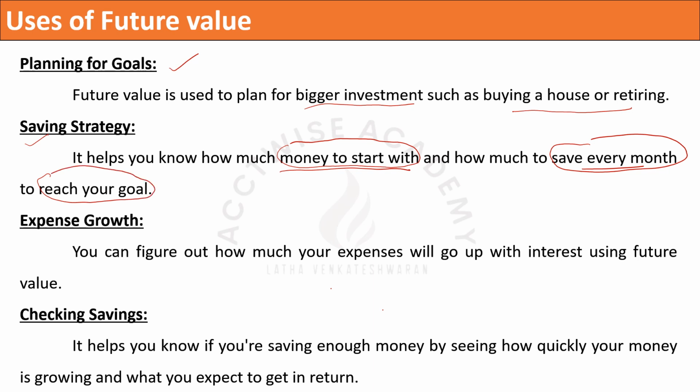Okay. Next is expense growth. You can figure out how much your expenses will go up with interest using future value. Let us consider you want to buy a new bike for rupees 75,000, okay? And the store allows you to pay for it in monthly installments. So it will be with a little interest cost each month.